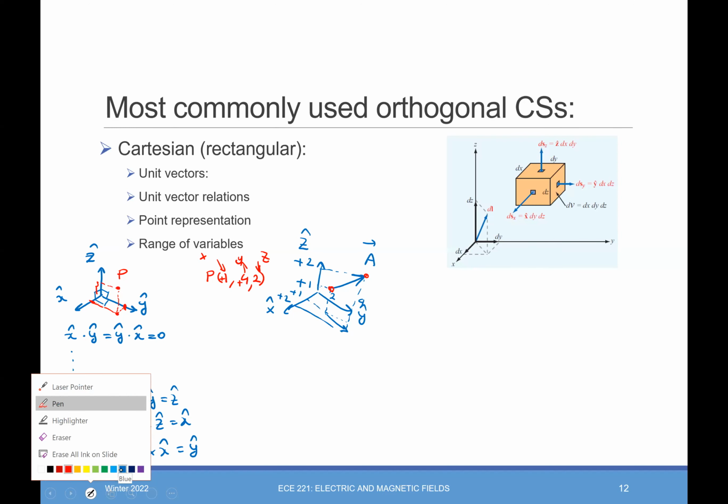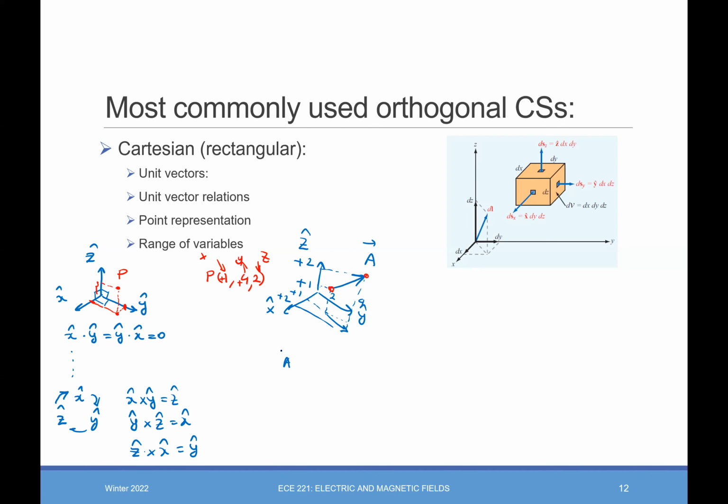Now, if I want to define A, how can I define it in terms of the unit vectors? Let's start with the x direction. In x direction, it started from point 1 and ended at point 2. So that's going in x hat direction with a magnitude of 1, so that's 1 x hat. Now in y direction, this vector is also moving. How much should I put for y hat?